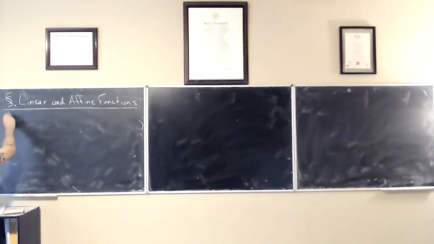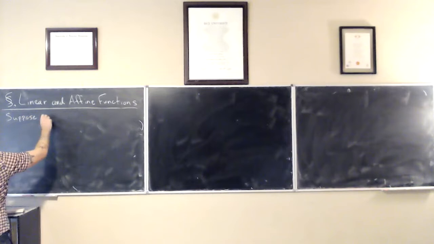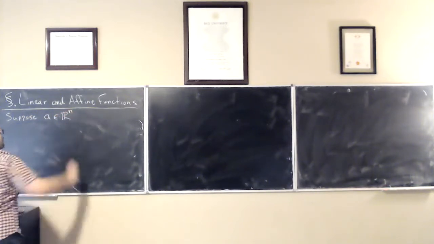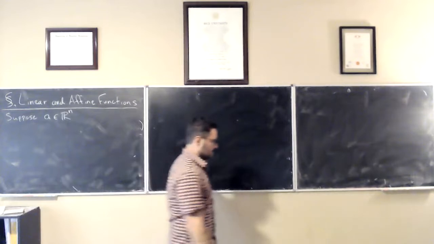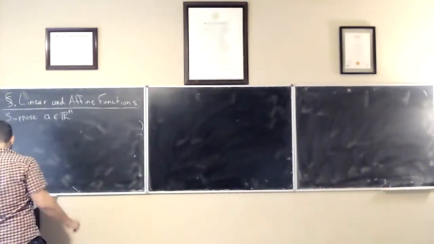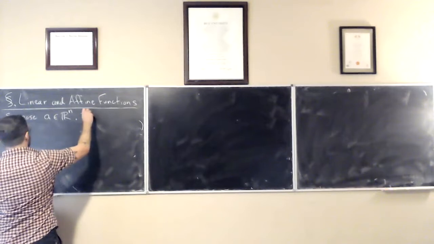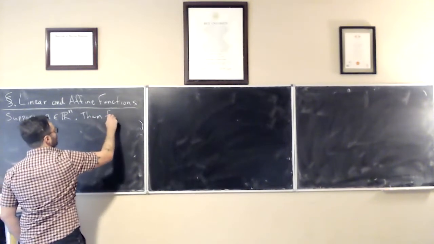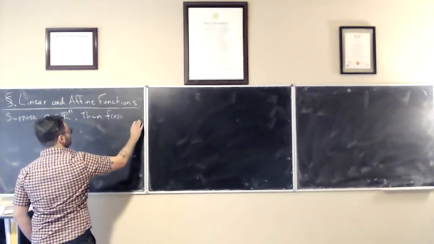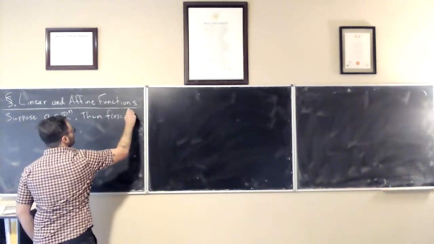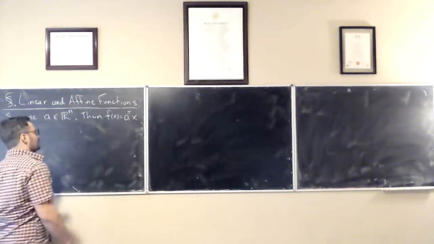So suppose A is some n-vector, so it's a vector with n elements. Then f of x equals A inner product x.